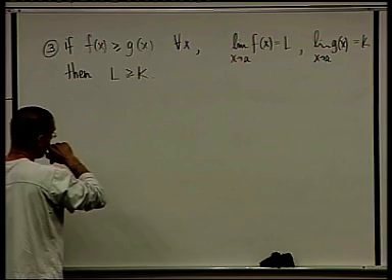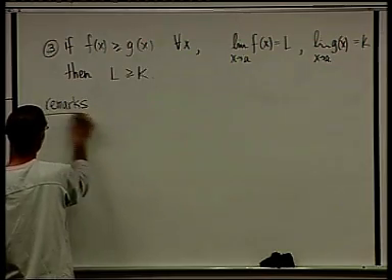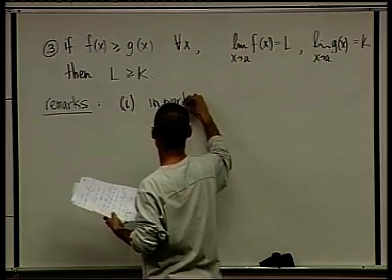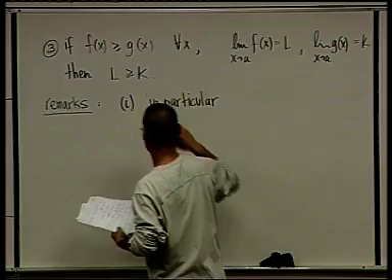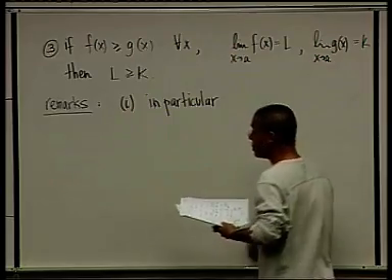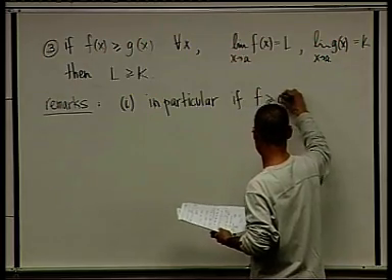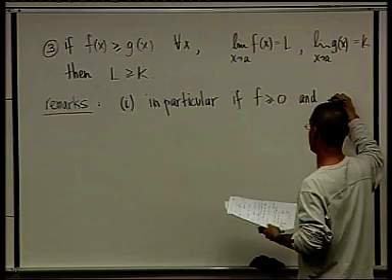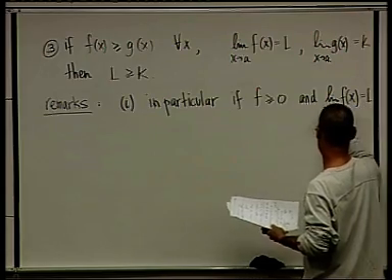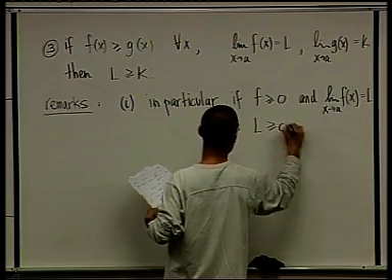In particular, remarks. The first remark is, in particular, when g is just the 0 function, so if f is greater than or equal to 0, and it has a limit, then the limit is greater than or equal to 0.